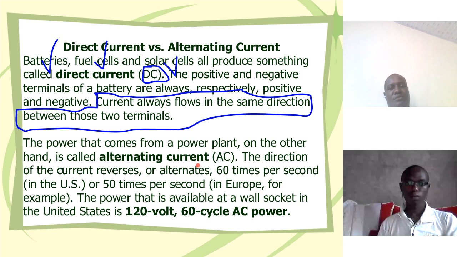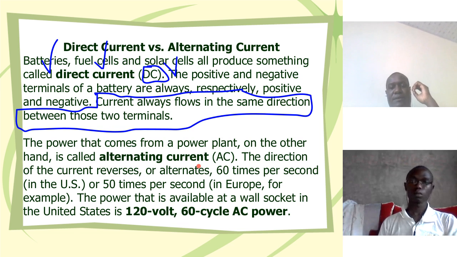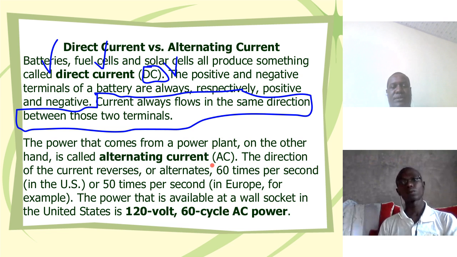the power that comes from a power plant is an AC, alternating current. It's because the direction of the current reverses at a speed of 60 times per second.